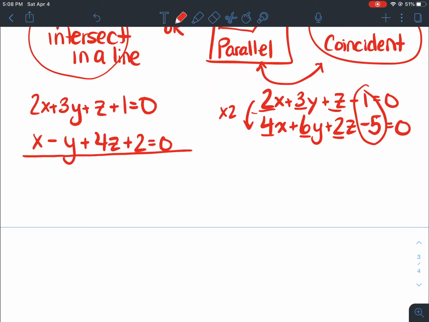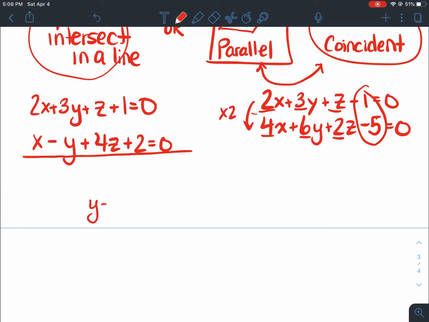If we subtracted or added the planes together, we're only going to be able to get rid of one variable or two variables, I guess. And so we're always going to have to let one of the variables equal a parameter. Remember that? There's a video if you're totally stumped, but eventually we got to the point where we said, let's just let y equal t.